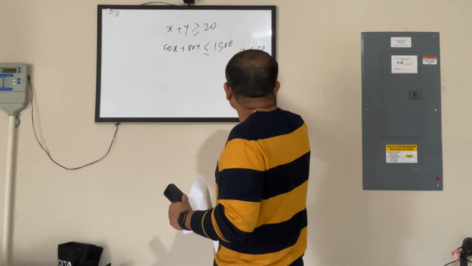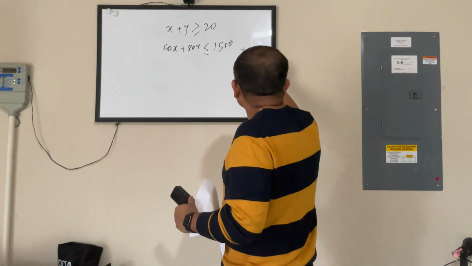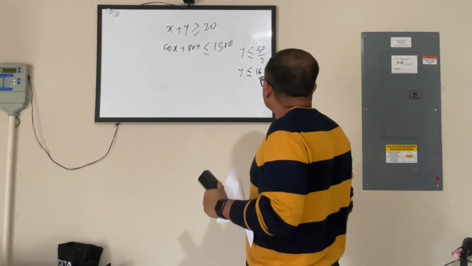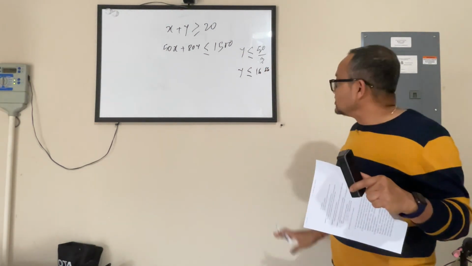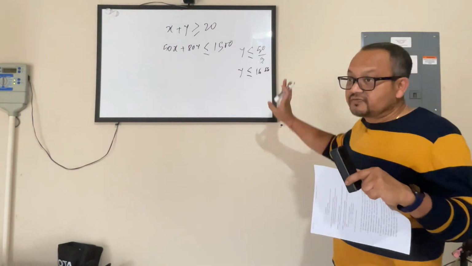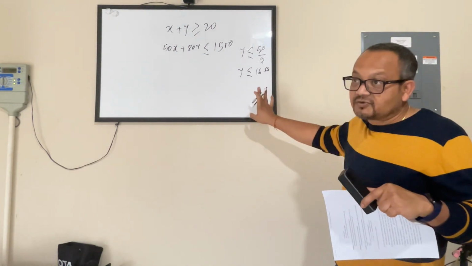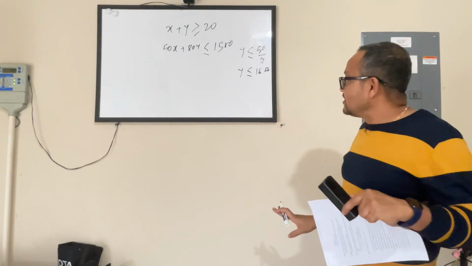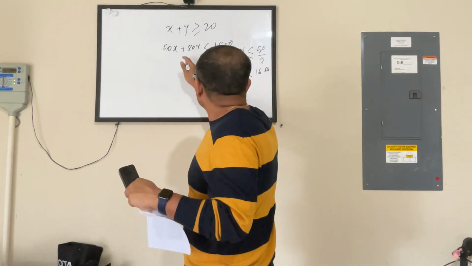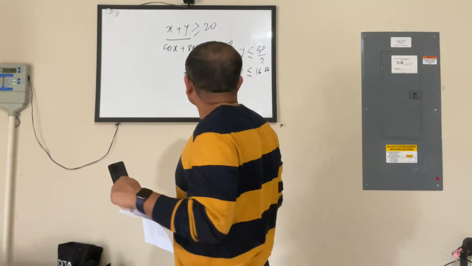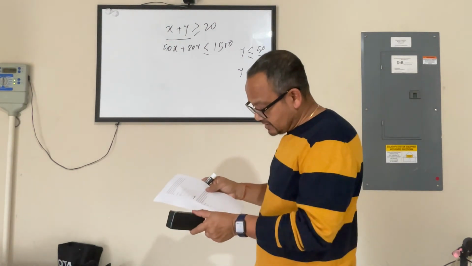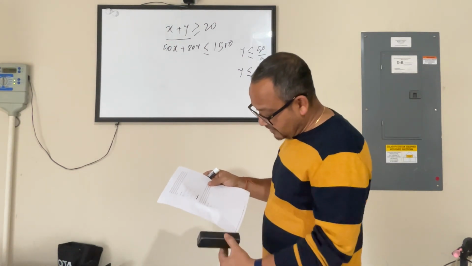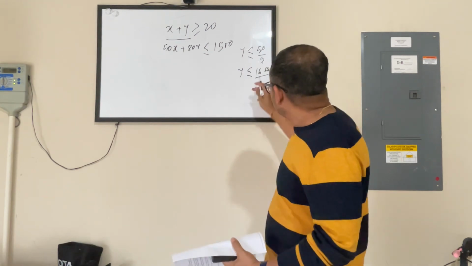So y is less than or equal to 16.66, since 16 threes are 48. So y's value has to always be less than 16.66. That's what this equation says now. So the nearest value that you have is 16.